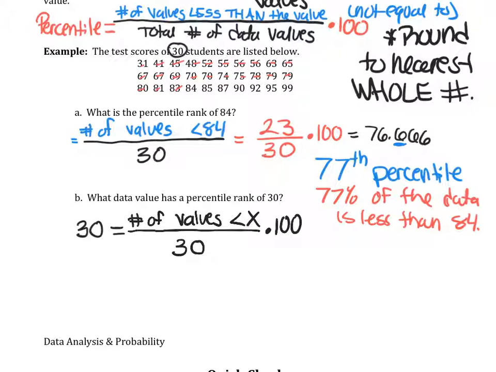So to solve for that numerator, you would divide by 100 and then multiply by 30. So you would get 0.30 times 30 equals the number of values less than x.